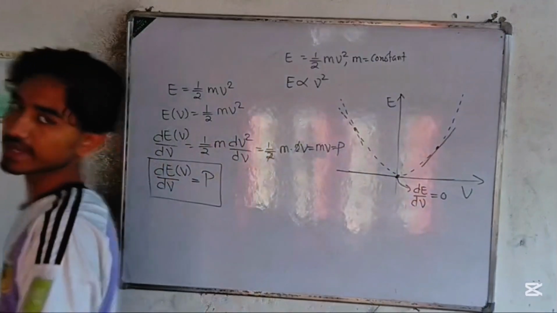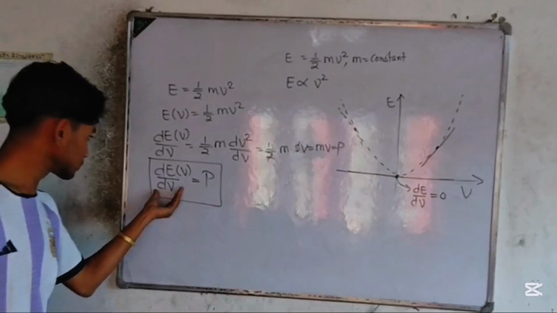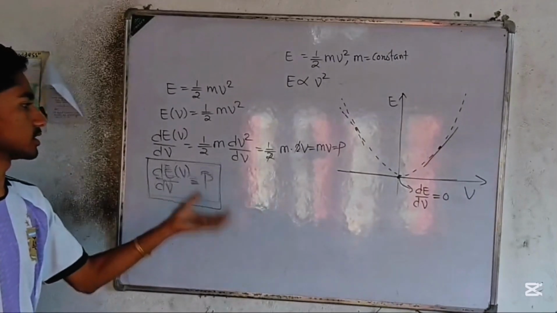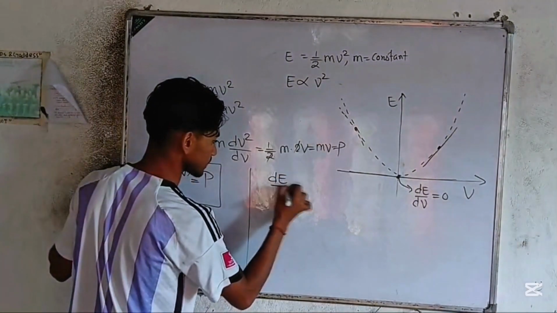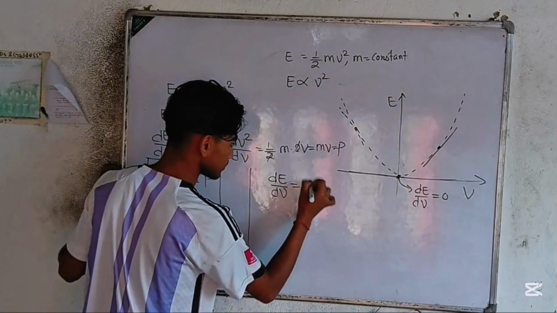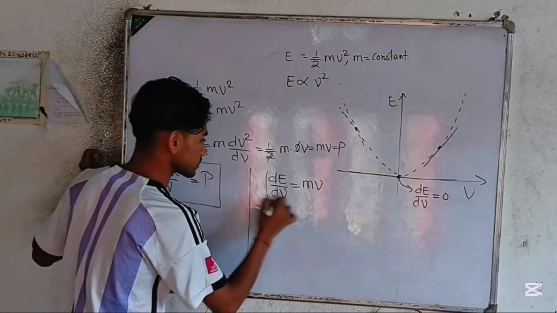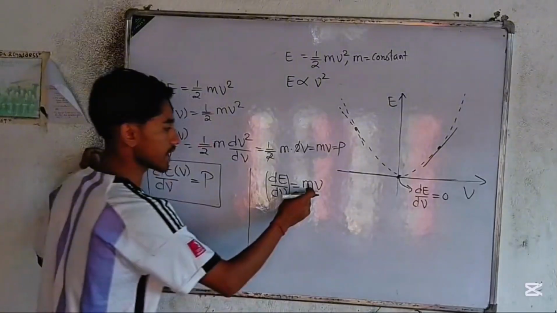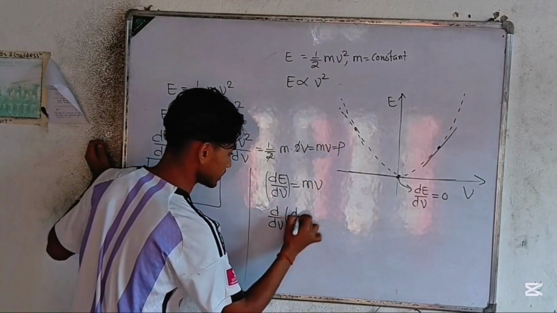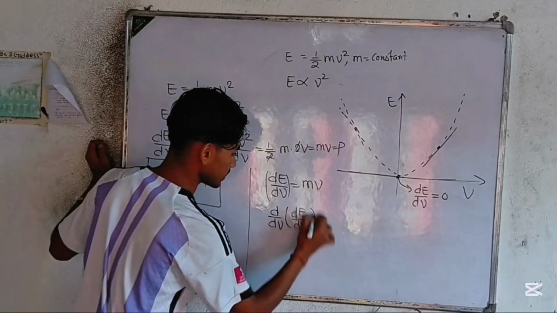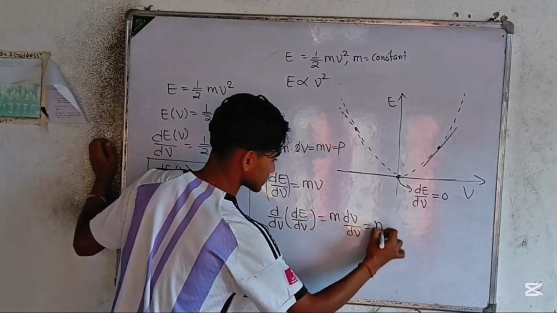Another thing you can ask me, Suman, is what if we differentiate again with respect to velocity? Let us do that also. The rate of change of energy with respect to velocity is my momentum, and since my mass is constant, I differentiate again. I get d over dV of dE over dV equals m dV over dV, which is simply m.